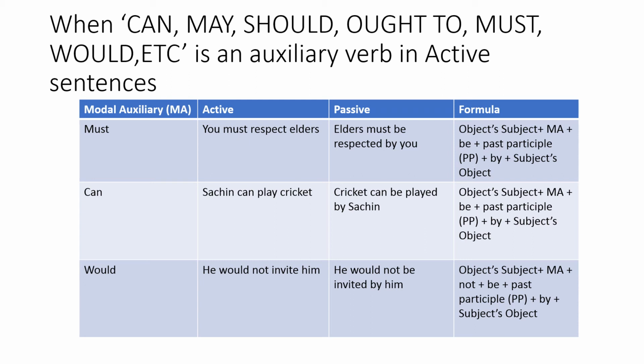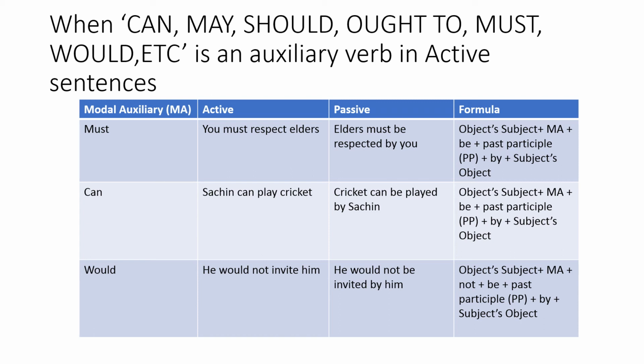After that, the verb will be in the infinitive form, the syntax of which has been given in the formula. It is quite straightforward. If you understand the first one very well, the rest of the things are just the mirror image of that. You don't need to worry. So let's analyze the first one.